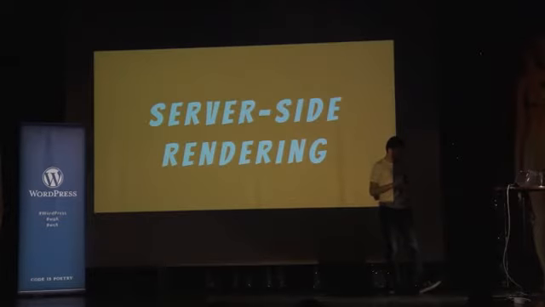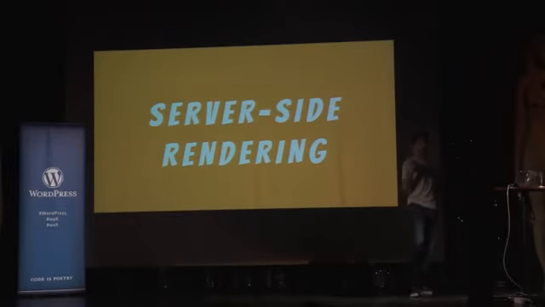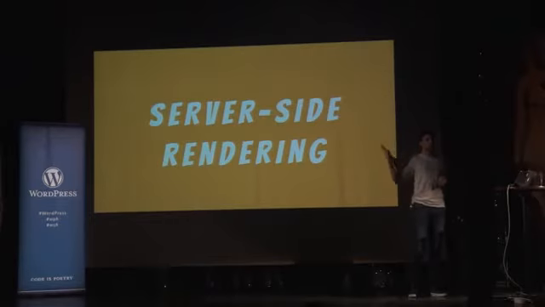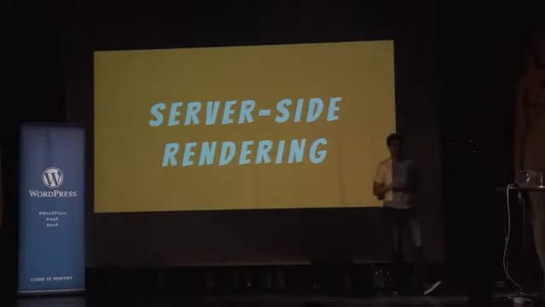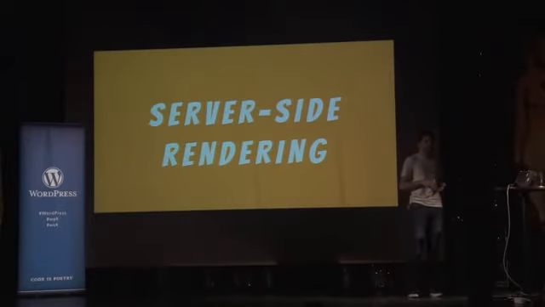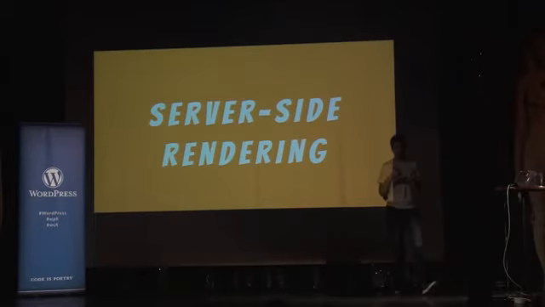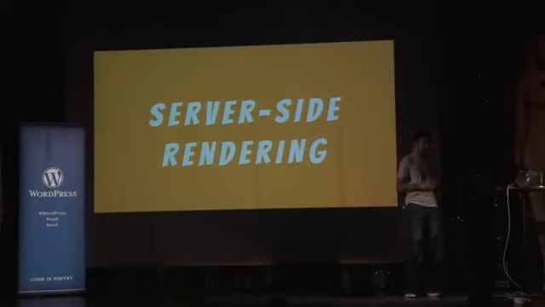We're actually experimenting with this in Calypso for some logged out pages. And it can be really fast because you render the page on the server, you serve it to the client, and then React picks up all of the changes. So you don't have this massive amount of waiting on the first load.